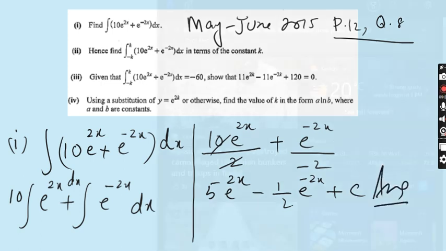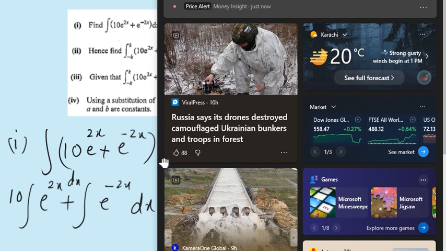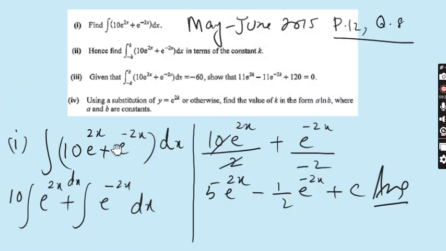Answer. So very easy part. 5 e power 2x minus 1 upon 2 e power minus 2x plus c is our answer.